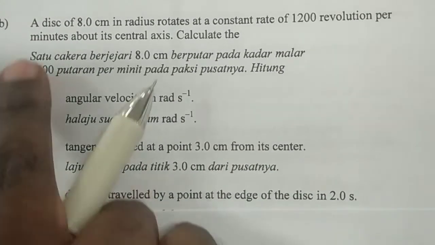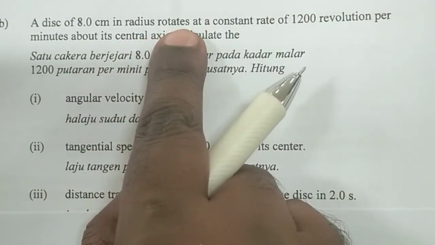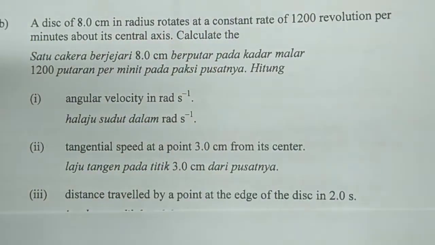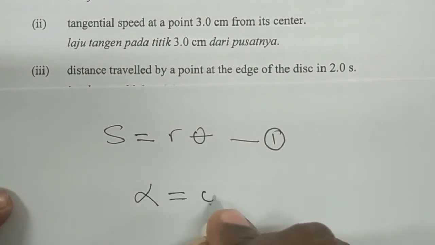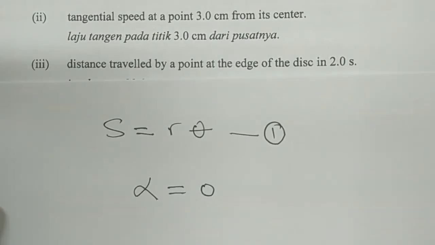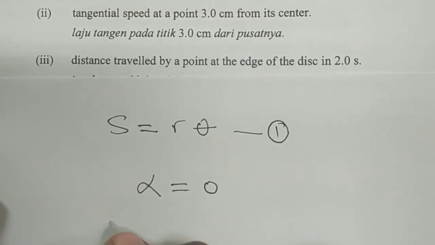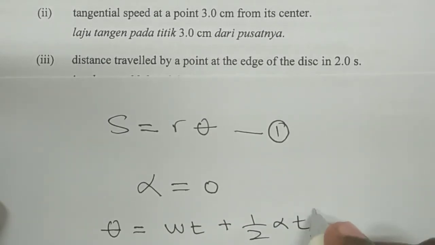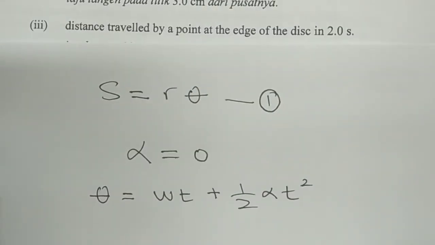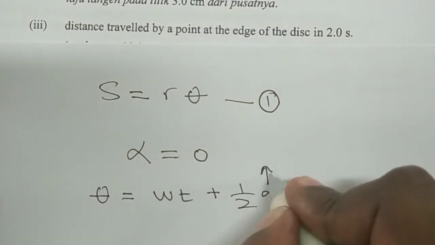A disk rotates at constant rate, so the angular acceleration equals 0. From the equation theta equals omega t plus half alpha t squared, the angular acceleration is 0.